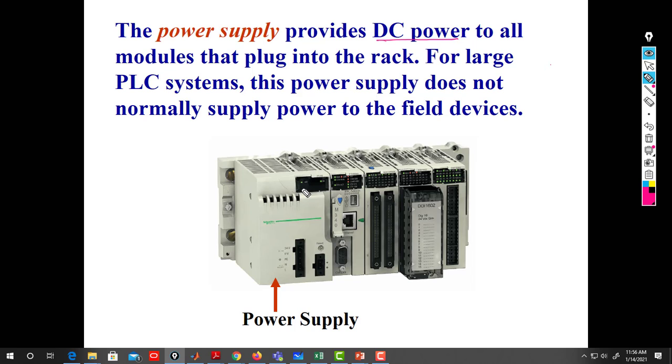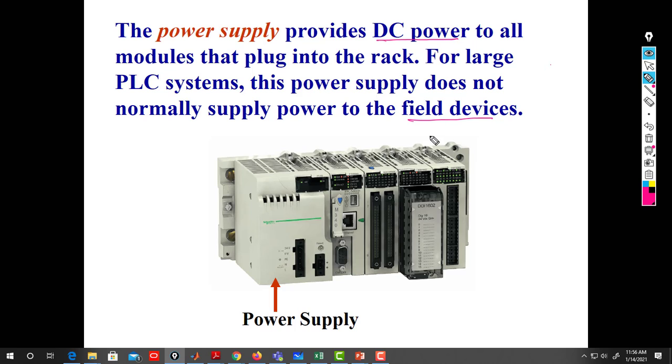For large PLC systems, this power supply doesn't normally supply power to the field devices. If you have a large PLC system, you expect to have a large number of field devices, meaning a large number of input and output devices, sensors and actuators.